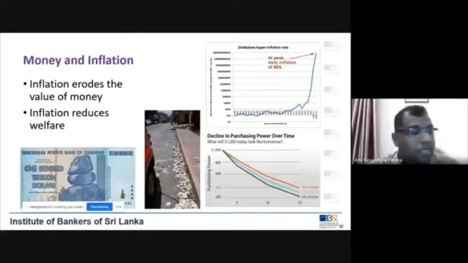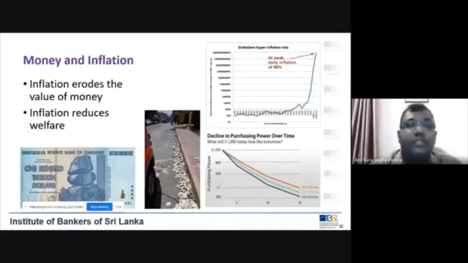Some people would say inflation is supportive to the economy. Some people would say no, inflation is affecting the economy and it's disturbing. So economists agree inflation is fine as long as it's low and manageable.